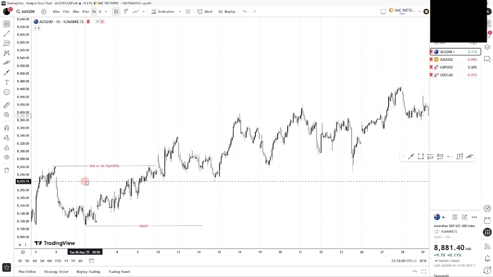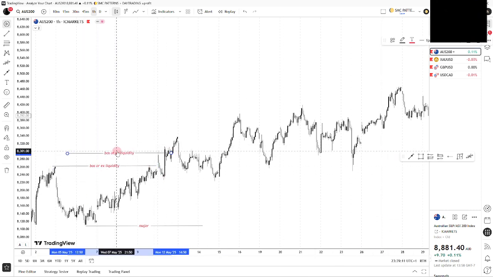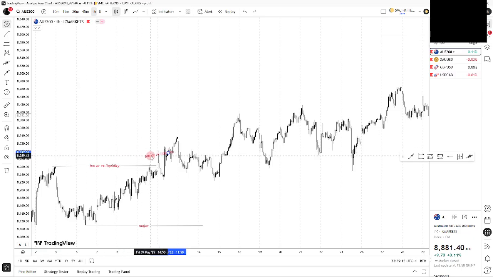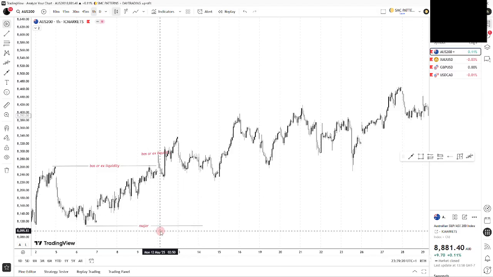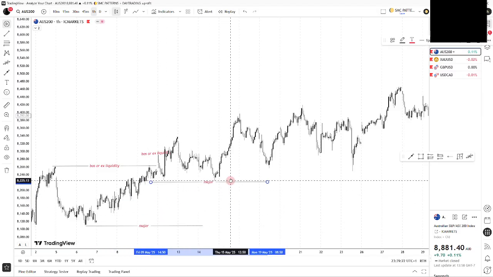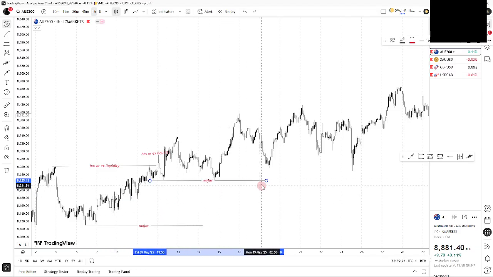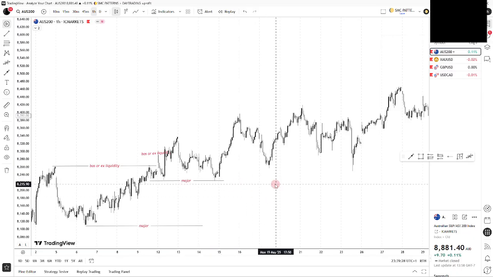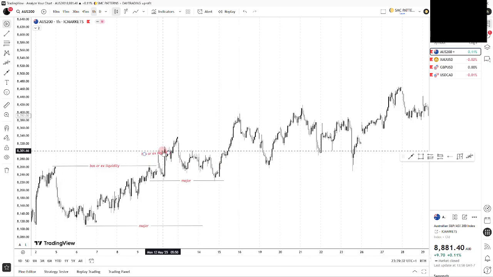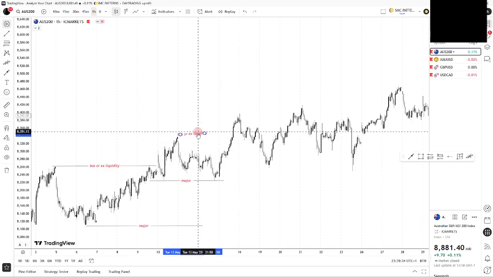So the other break should be like this. The next one, where is the major? Here is the major. Where is the next break of structure? The next break of structure should be here.